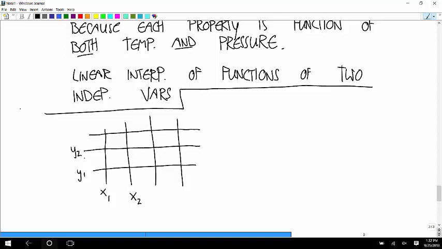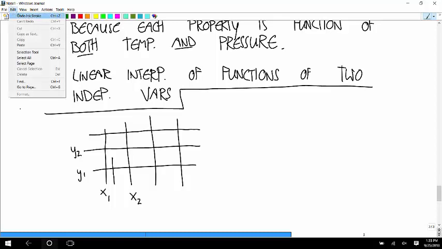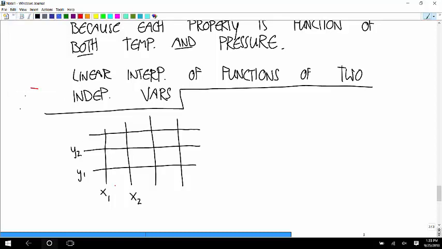But more often, we're going to be looking for the function value at a point like this, where this is the x we want, this is the y we want.